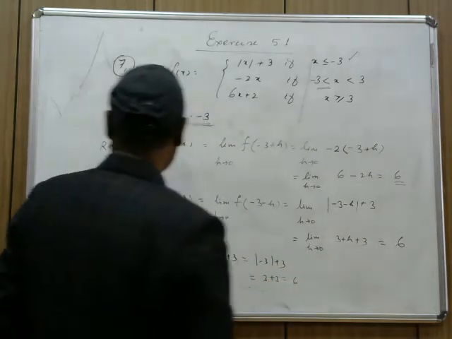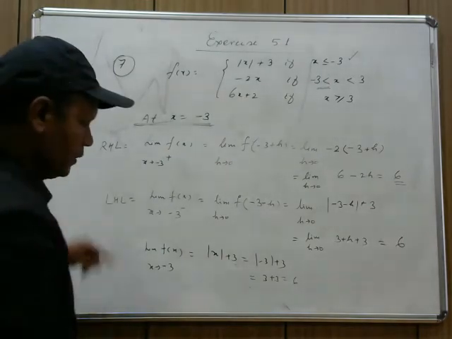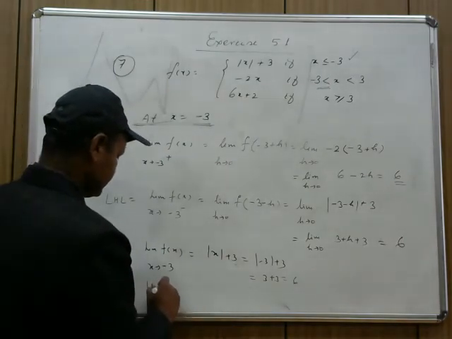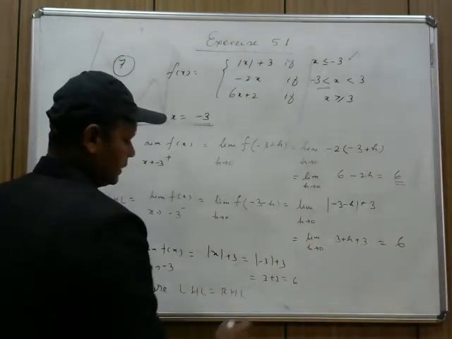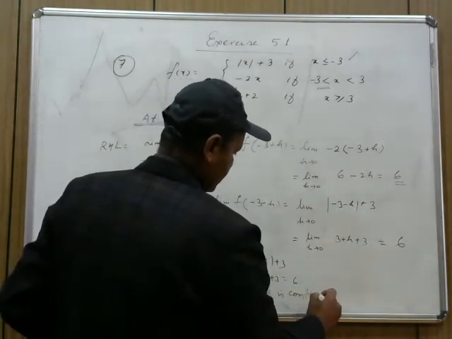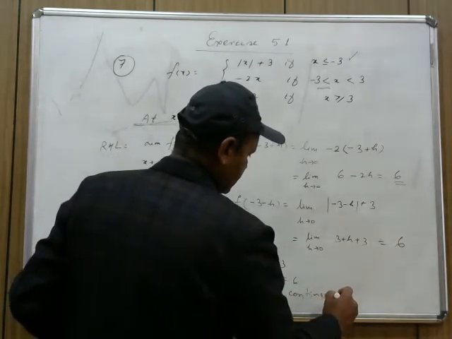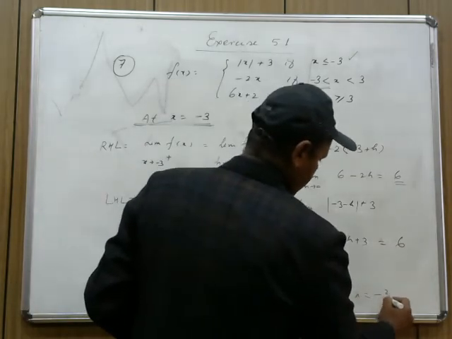Here LHL and RHL both are equal. Here LHL is equal to RHL, and hence it is continuous at x is equal to minus 3.